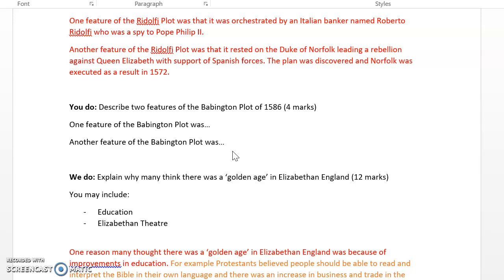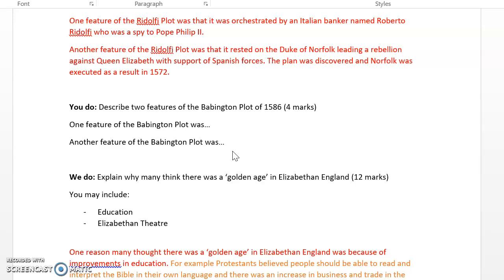So the Babington plot was the last of the 3 plots. Throckmorton was the second one, which was in 1583. So the Babington plot was in 1586. These are all assassination attempts against Elizabeth, and they were all actually uncovered. The Babington plot similarly centred around the idea of murdering Elizabeth and putting Mary, Queen of Scots, on the throne in her place.